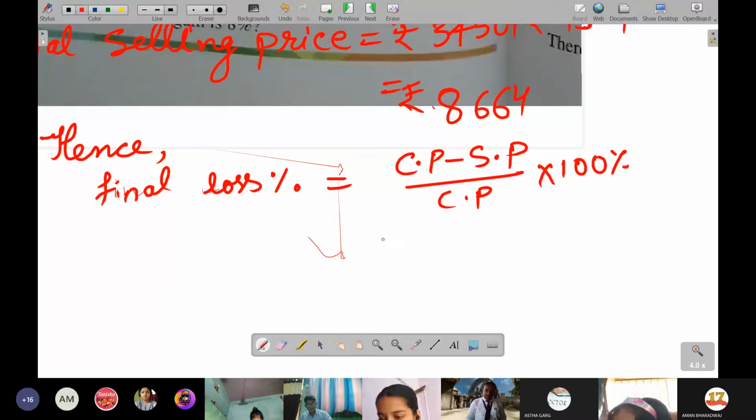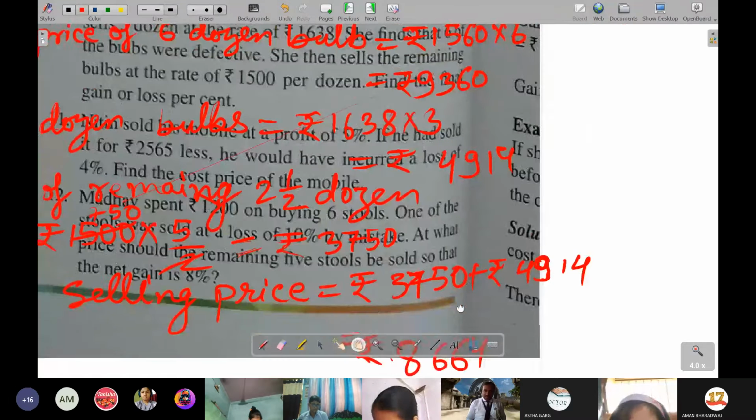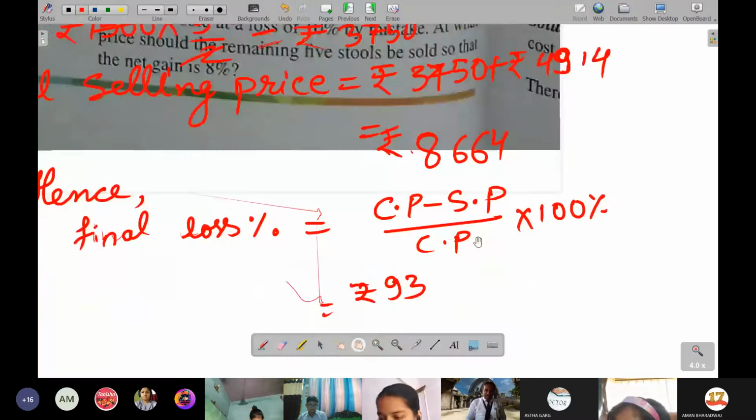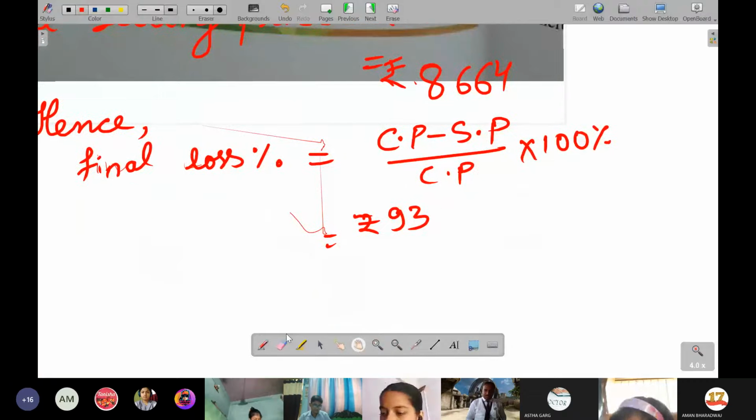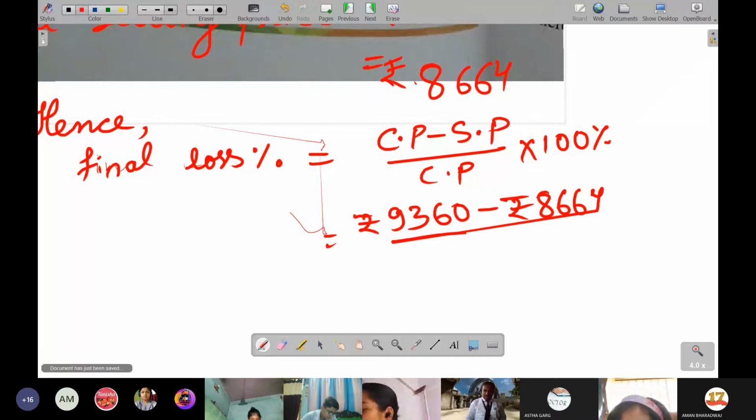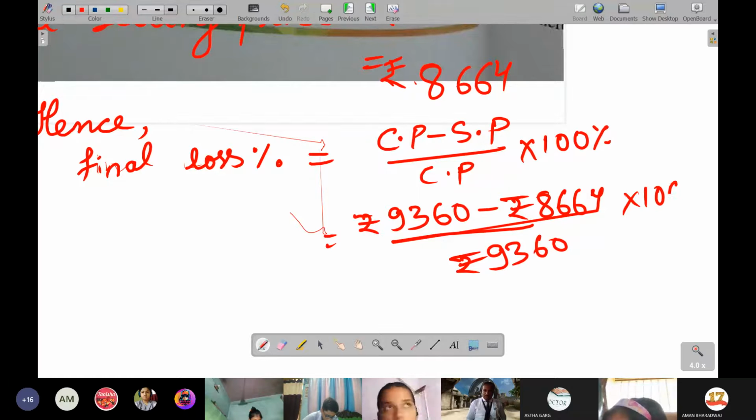So that is rupees 9,360 minus 8,664 by rupees 9,360 into 100% we will be doing. After subtracting, how much will it come?